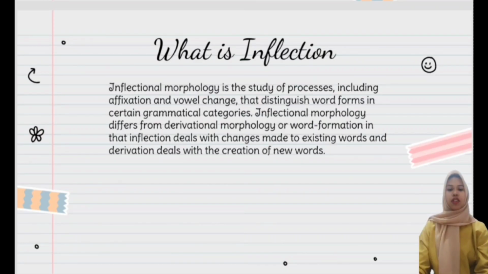And so, inflectional morphology is the study of processes including affixation and word form change that distinguish word forms in certain grammatical categories. Inflectional morphology differs from derivational morphology or word formation in that inflection deals with changes made to an existing word, and derivation deals with the creation of a new word.